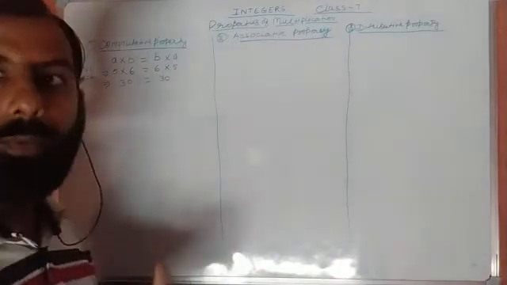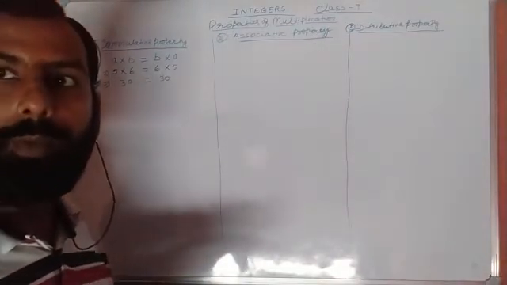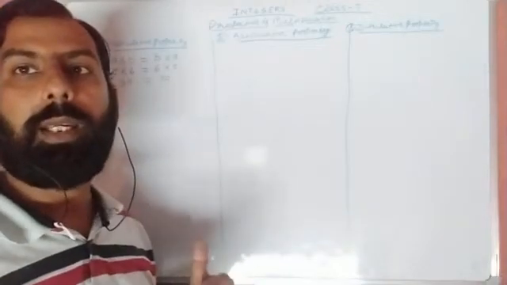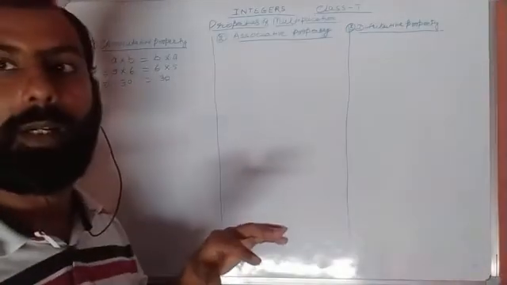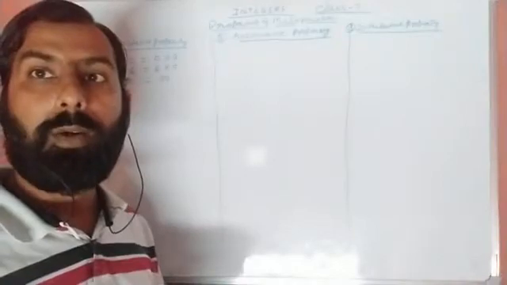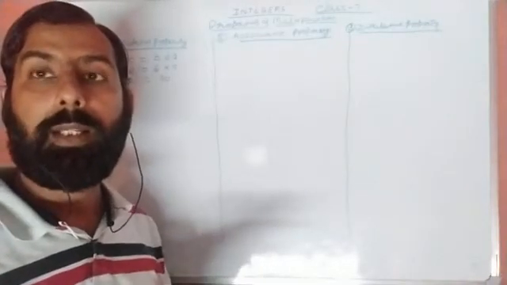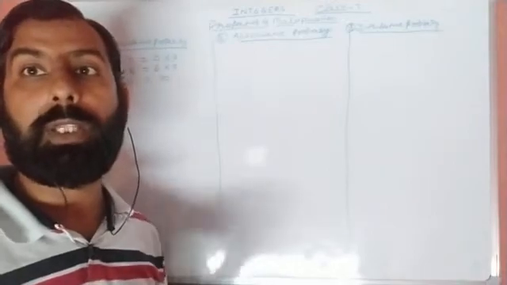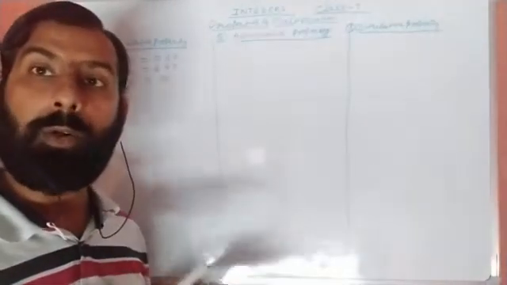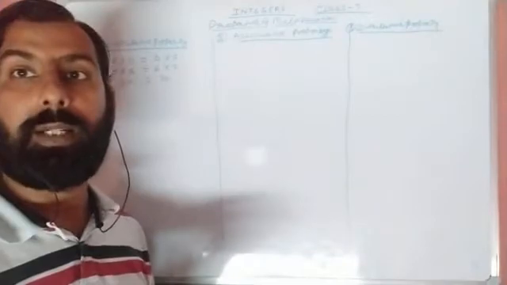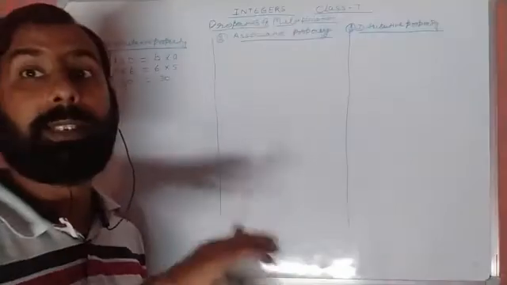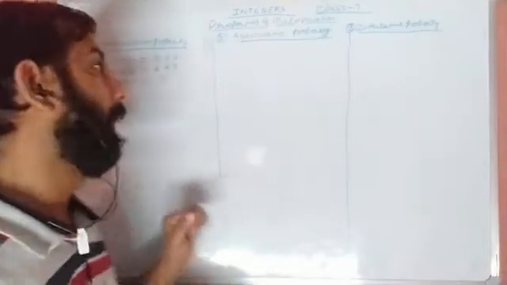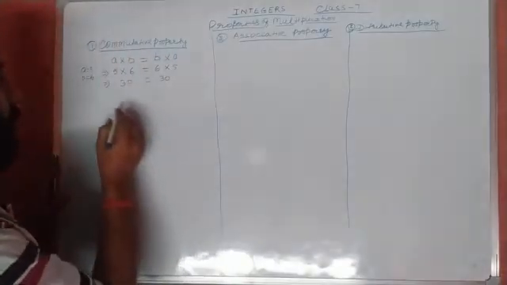In lower classes, when we asked the table of 5, children were easily able to answer 5 6s are 30. But when we ask 6 5s are, they are unable to answer. They know 5 6s are 30, but they don't know that 6 5s is also 30. So here we can understand.